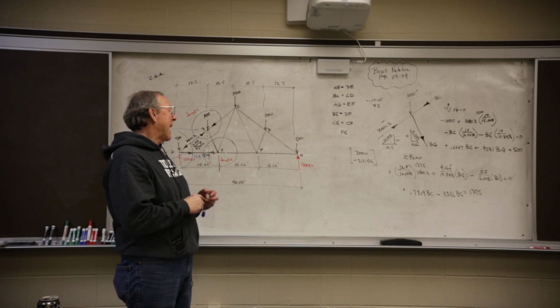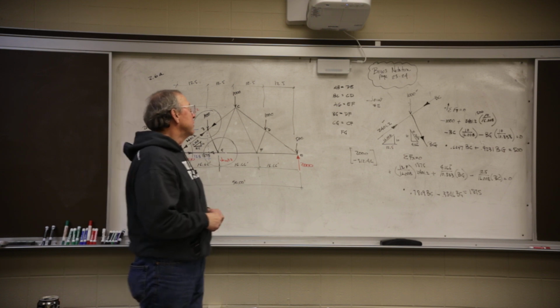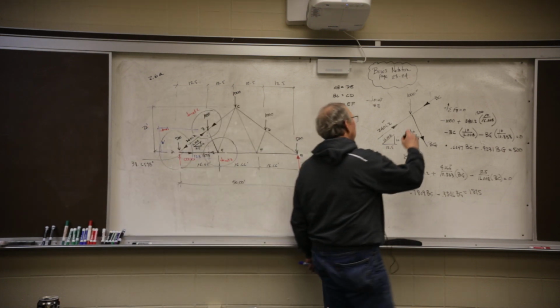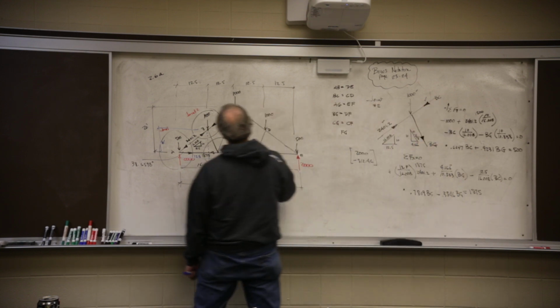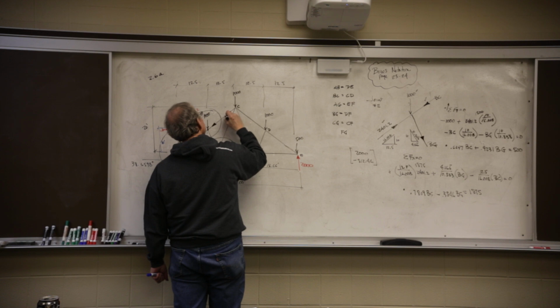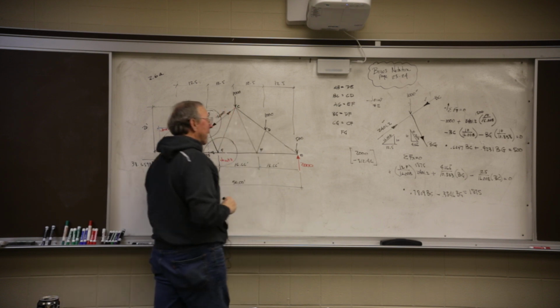BC came out positive, so my arrow is right. So this arrow is right, and it's 2000. That's good.